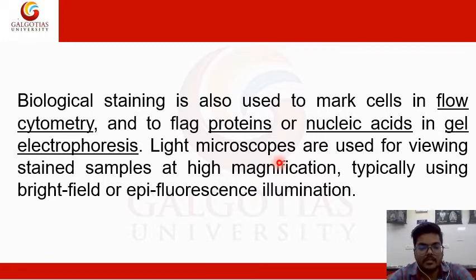For the stained sample we want high magnification. For this magnification we need oil immersion. The oil increases the refractive index of the sample, and we can easily visualize the stained samples.